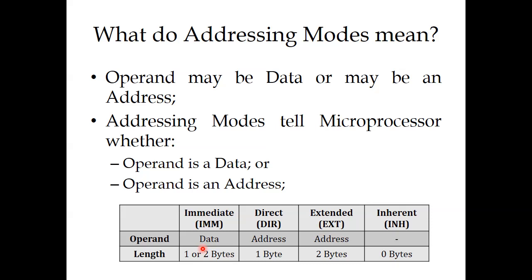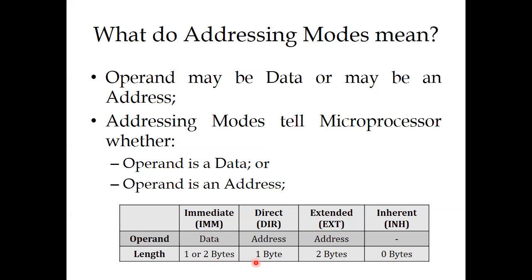If you go back to the object code you wrote for the last lecture, you will see that even in the case of immediate, we had some instructions with 1 byte of operand and some with 2 bytes of operand. I'm talking about only the operand part, meaning the second part of the instruction. So I wrote that the length of data can be 1 byte or 2 bytes because it varies, and you can see from the instruction whether the data is 1 byte or 2 bytes.